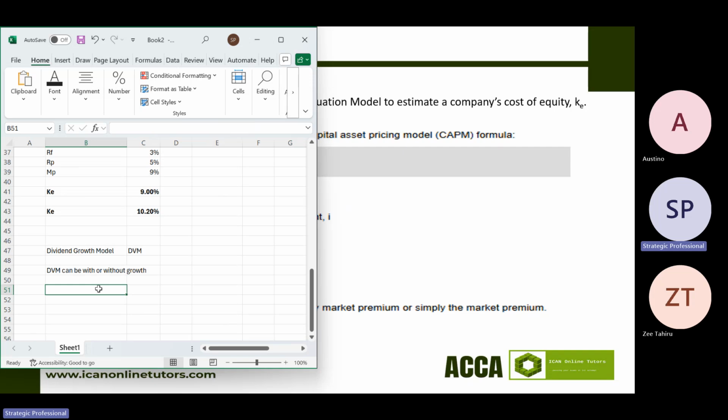Meaning that most times when we make use of DVM, we usually use it to calculate share price, if you remember. And to value the share price of a business, we make use of the future streams of dividend, right? Either it is going to grow, or it is going to remain constant in perpetuity.